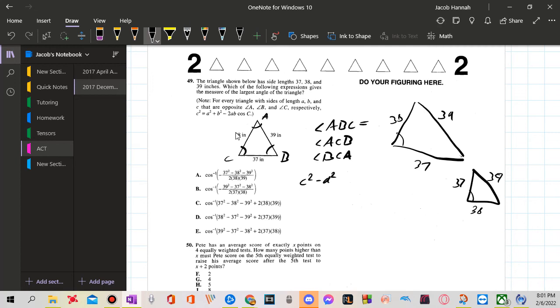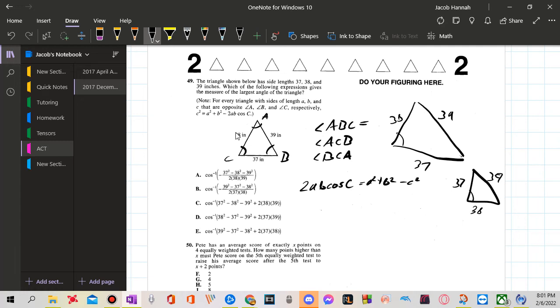Let's get everything to the other side, so get the cosine over. So 2AB cosine of C is equal to A squared plus B squared minus C squared.